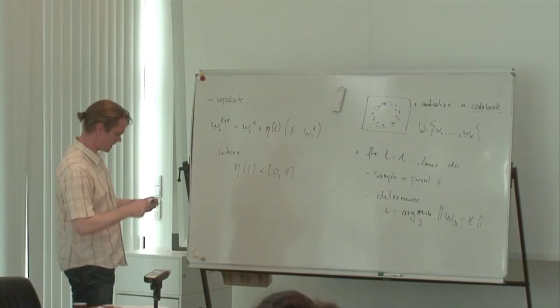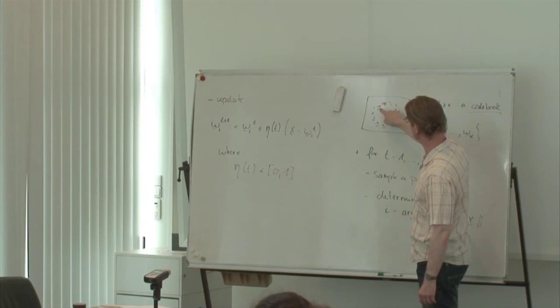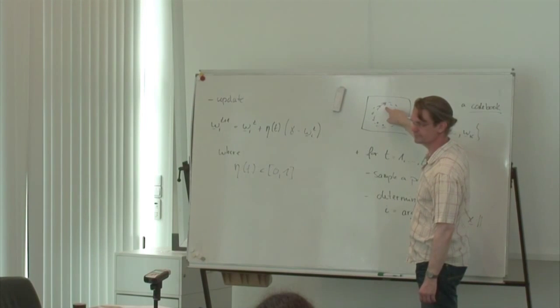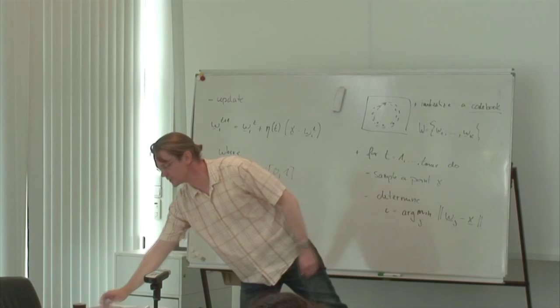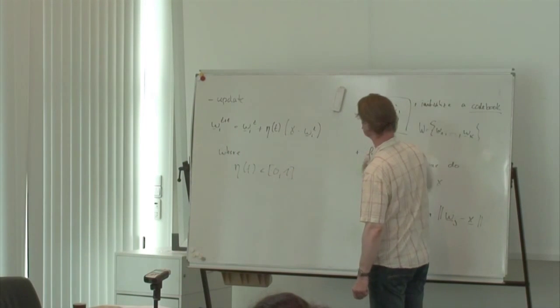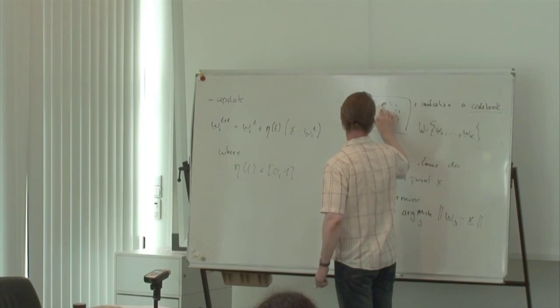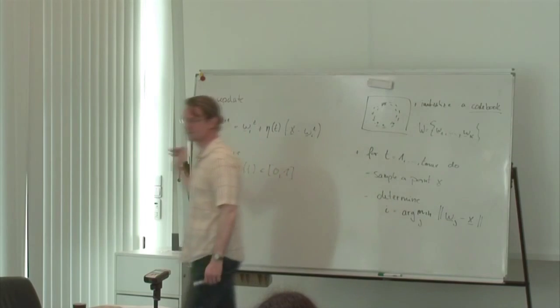That is to say, we move this point a fraction along this line. So it would end up, say, here.